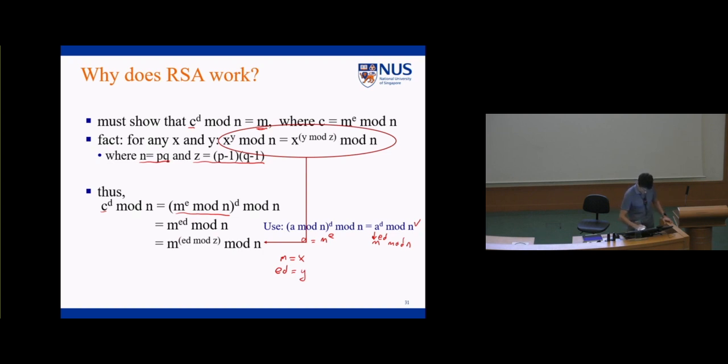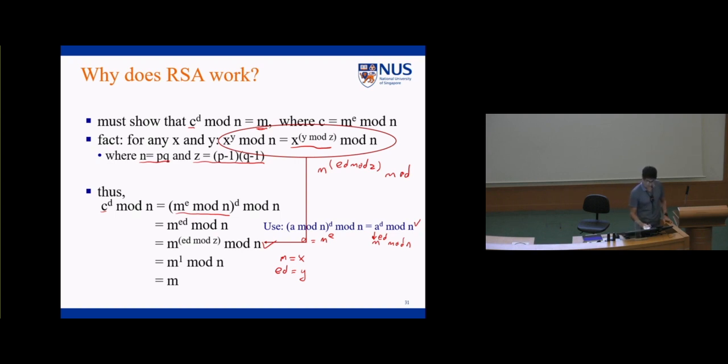So what happens then? I'm substituting m and ed values here. So on the right side of this, I would have m to the ed mod z. And I still have mod n here, right? This is exactly what that is.